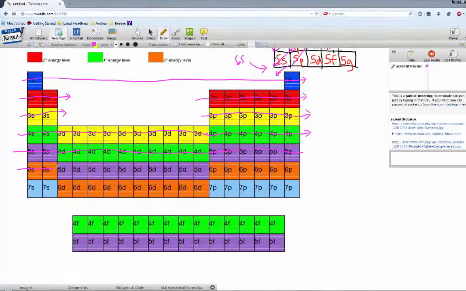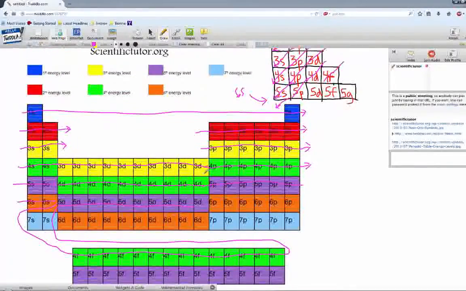Where the 6s ends, it actually goes back down to the 4f and through them, and then back up into the 5d and across the 5d. So that's here. We go through the 4f, through the 5d.